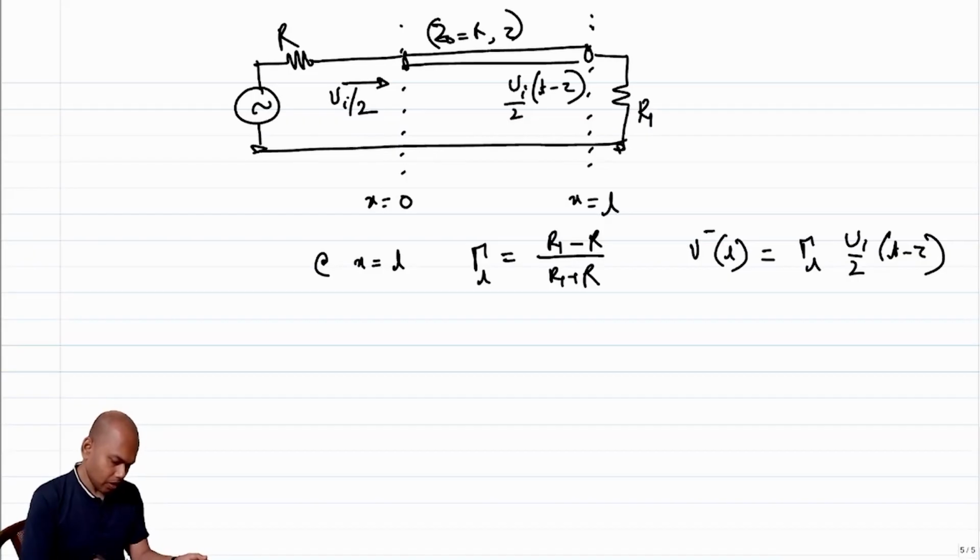Okay. So what will be the total output voltage then? So therefore V naught, at time t equal to tau.